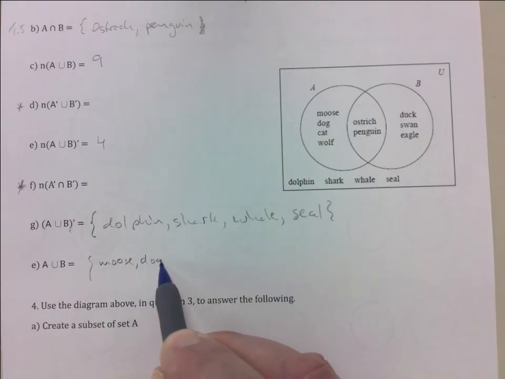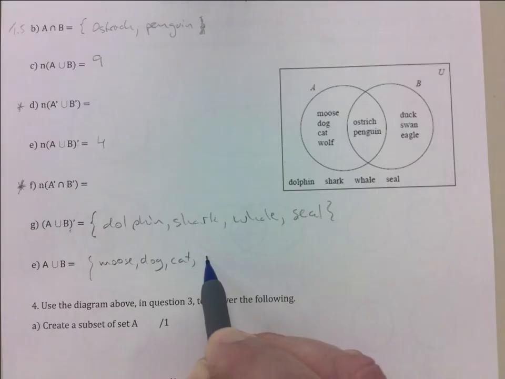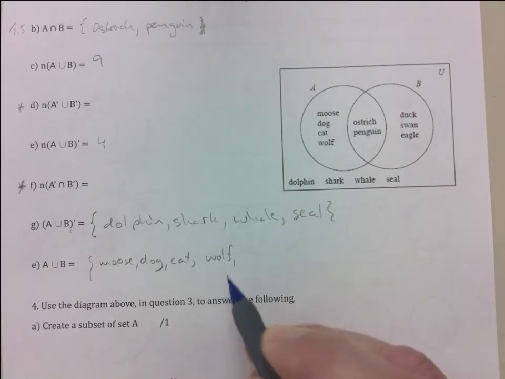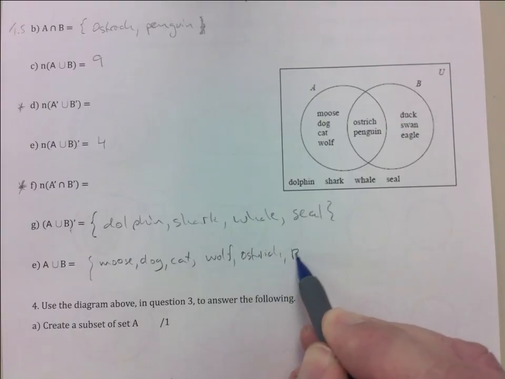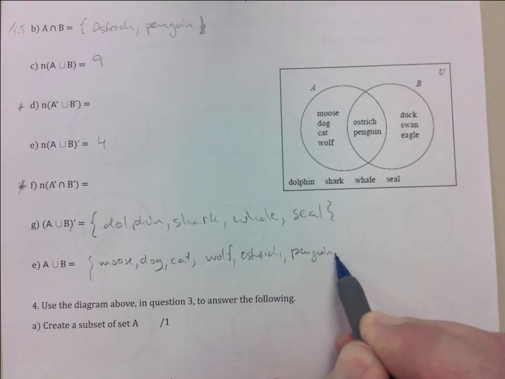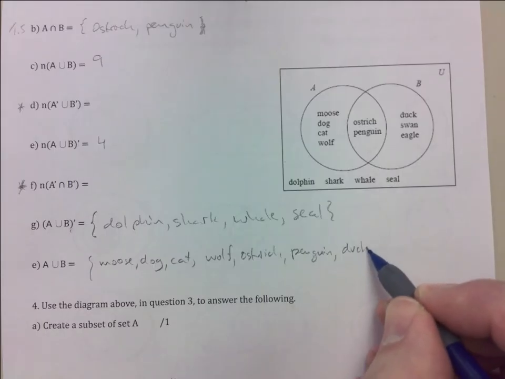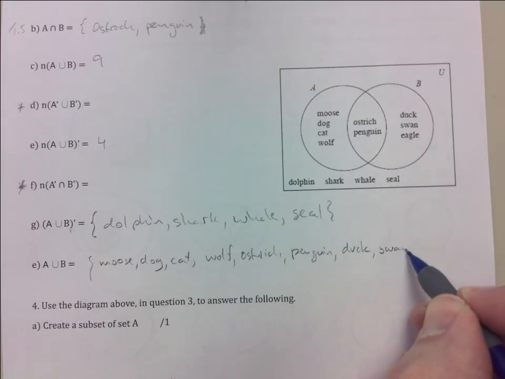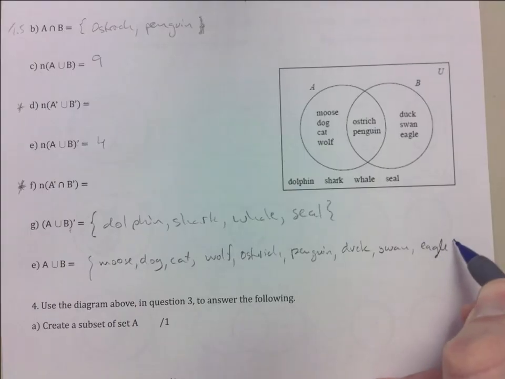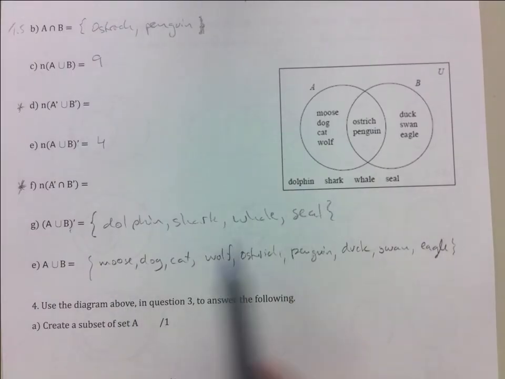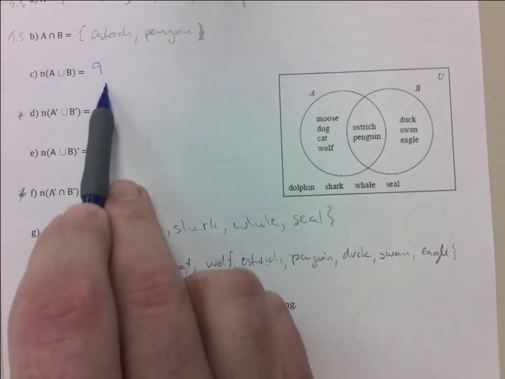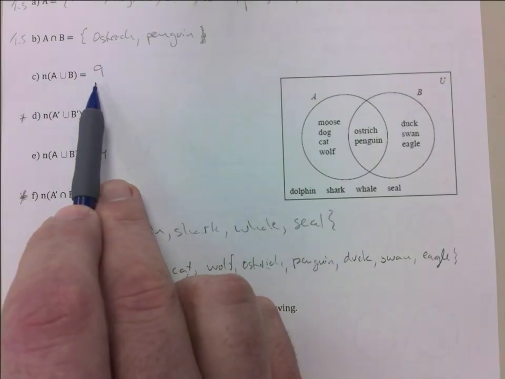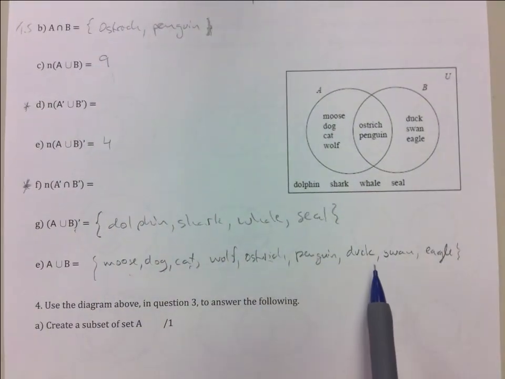Moose, dog, cat, wolf, ostrich, penguin, duck, swan, eagle. Okay, so again, 1, 2, 3, 4, 5, 6, 7, 8, 9. And I already know that there's 9 in there because of that answer up there. So that's what I want there.